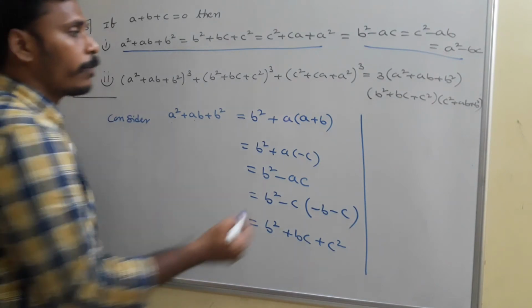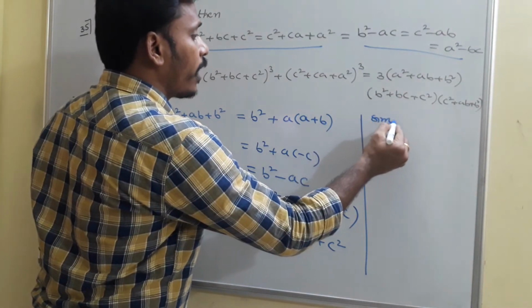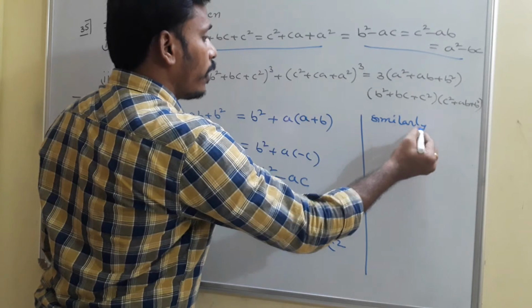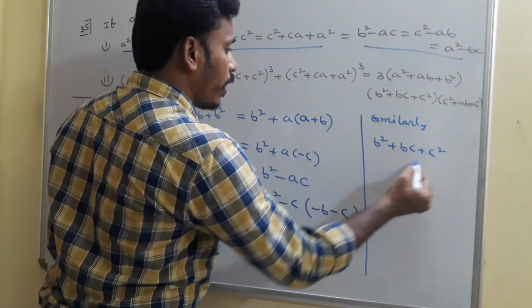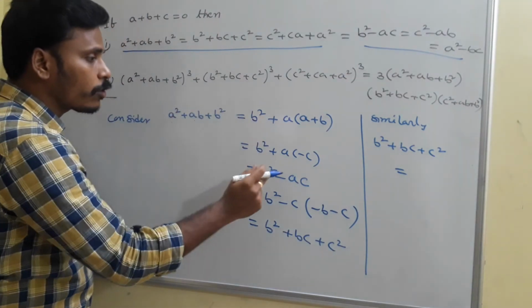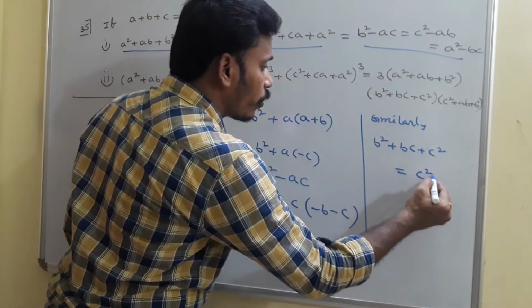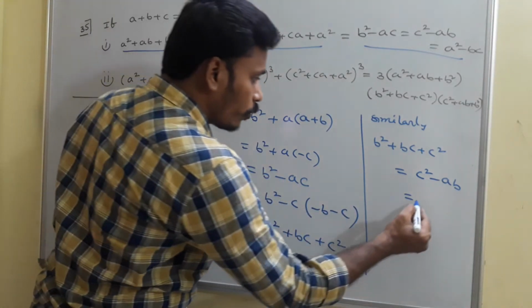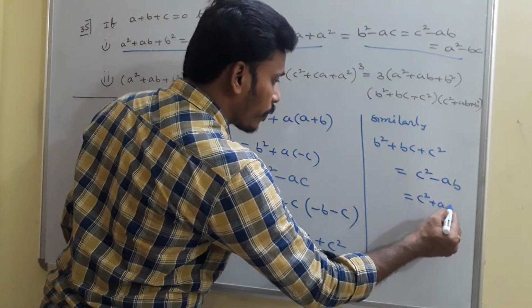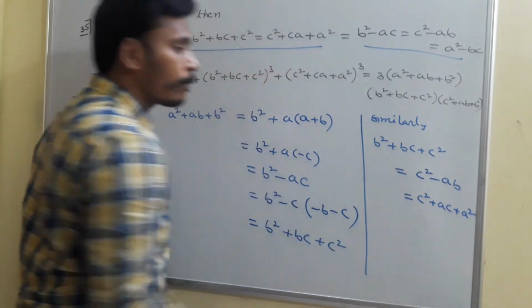In the same way, similarly, if you start with the next one, b square plus bc plus c square, as we discussed in this case, if you go, you will get it is equal to c square minus ab, and again if you go further, you will get that this is c square plus ac plus a square.